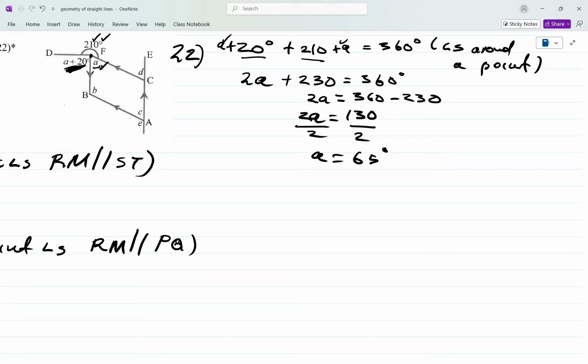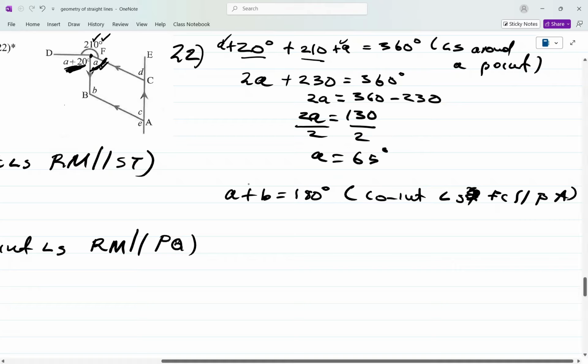Then you can replace this angle here with 65. As I move on, I know that A plus B must give 180 because of co-interior angles. And then I need to also specify that FC is parallel to BA.